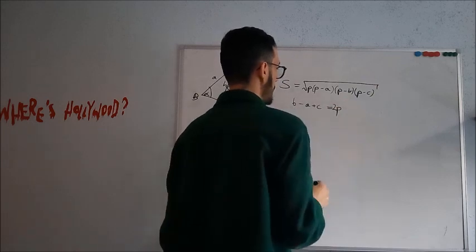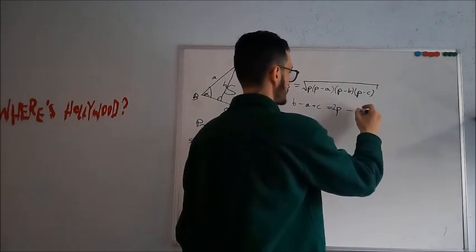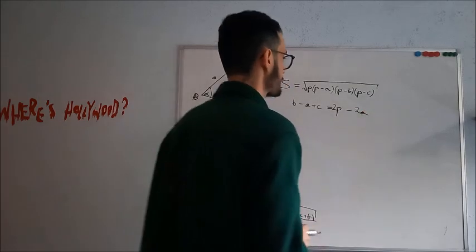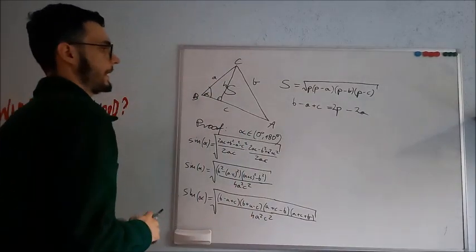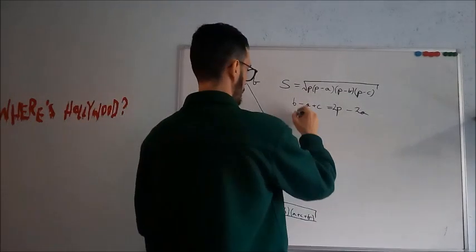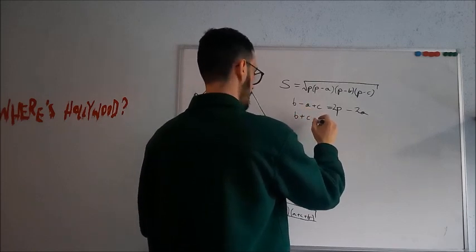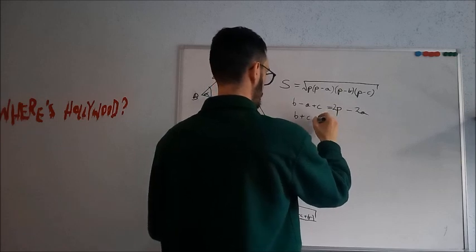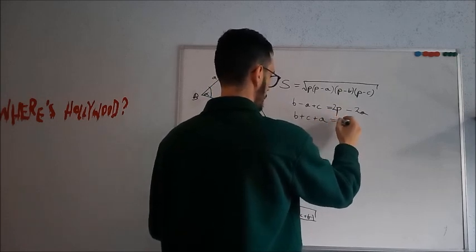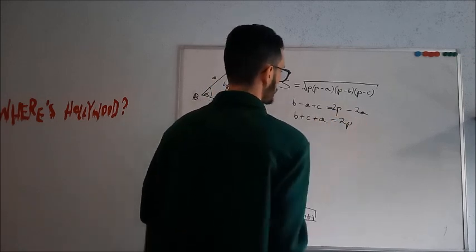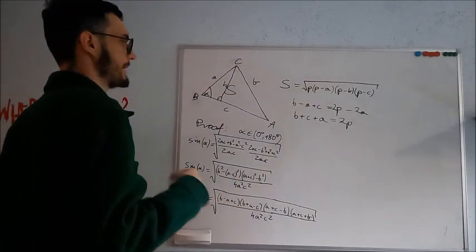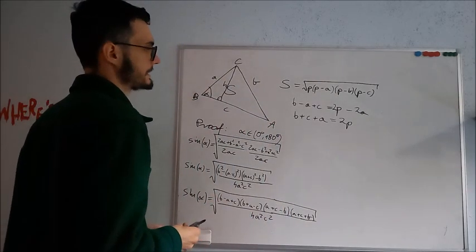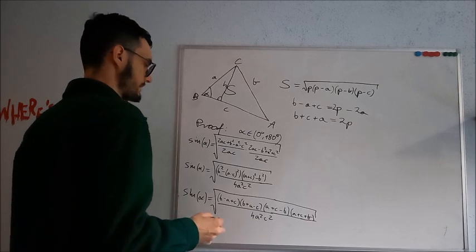Similarly, b plus c plus a is just 2 times half of the perimeter, which is basically the perimeter of the triangle, of course.